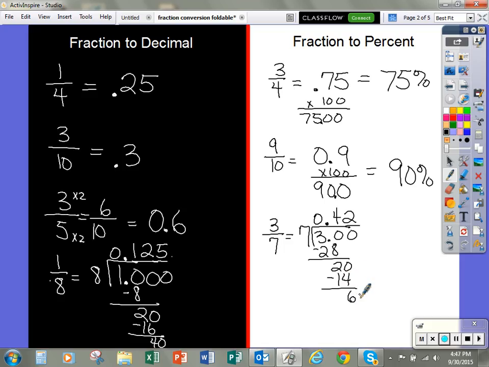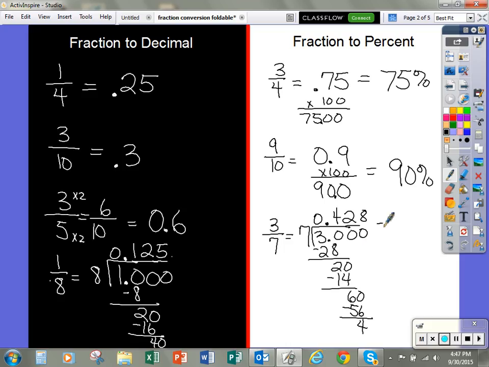And even if I bring down another 0, it's not going to work out evenly, because that would be 8. And I could keep going for a long time here, but I'm going to stop after I've gone 3 places.